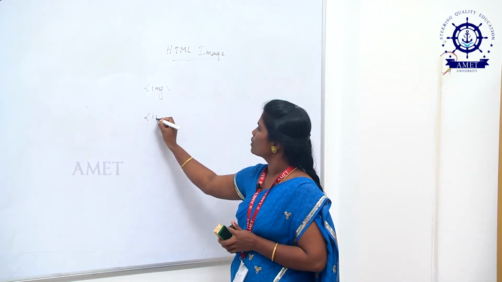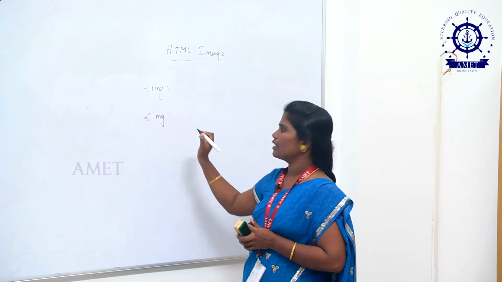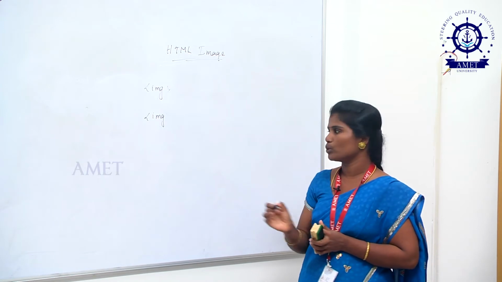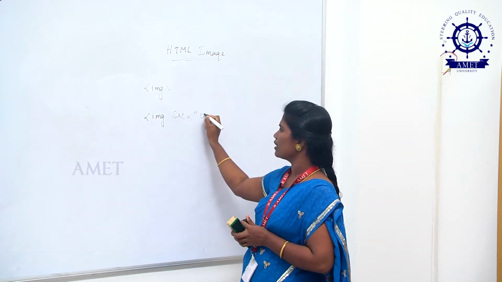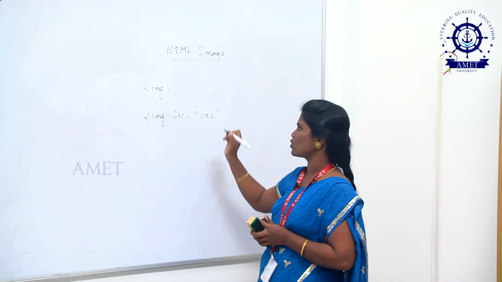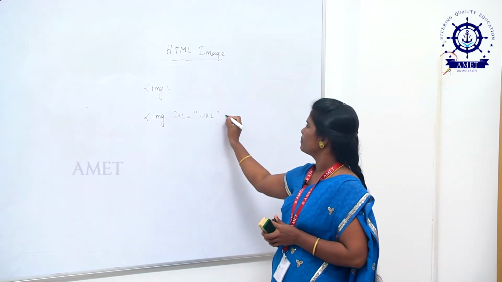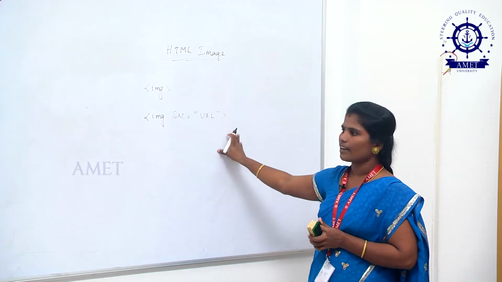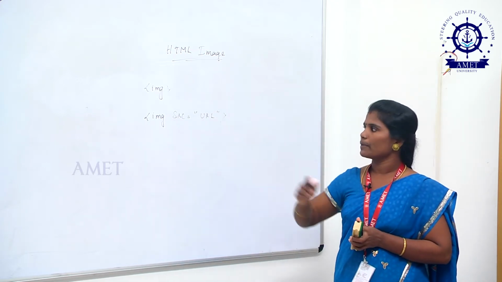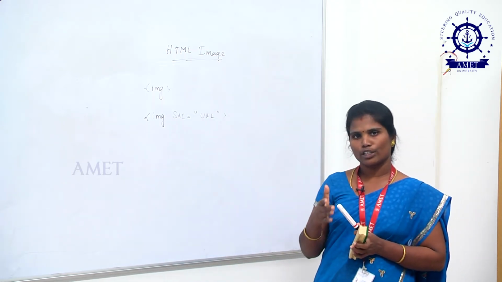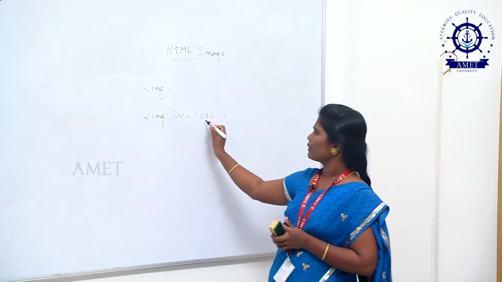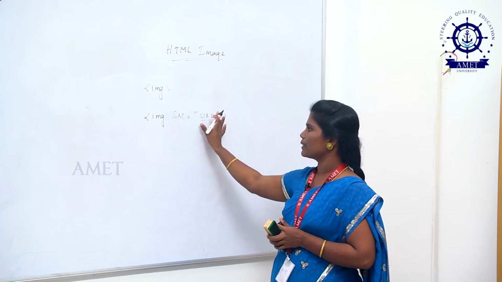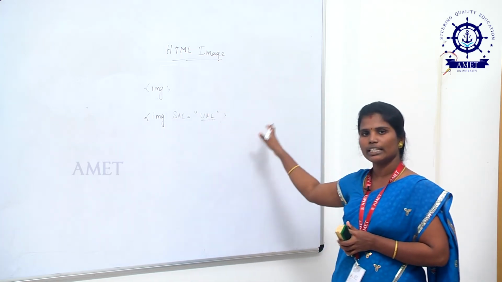Use the image tag, and inside it I am going to use the attribute src, where you can specify the URL of your picture, and it does not have a close tag. So image is a standalone tag because it does not have a close tag. Whatever URL you have given, that picture will be displayed on the web page.